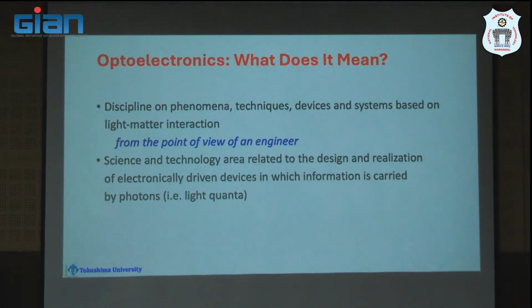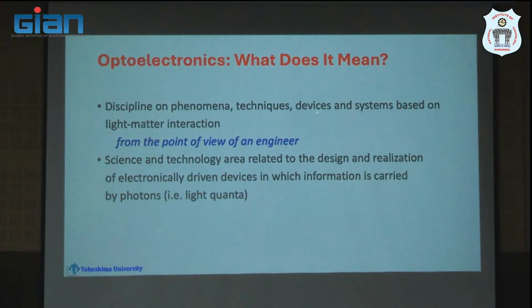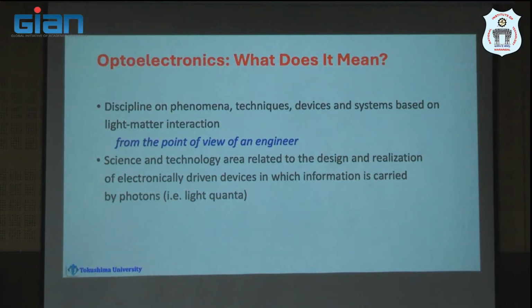So in optoelectronics there are many phenomena, techniques, methods, devices, and systems that are based on light and matter interaction. So light encounters the matter, and that is part of optoelectronic devices. This science and technology area is mostly related to the design and realization of electronic driven devices in which information is carried by photons.